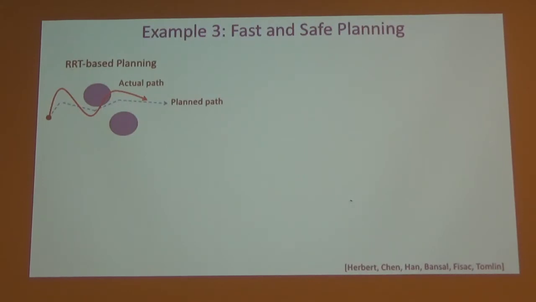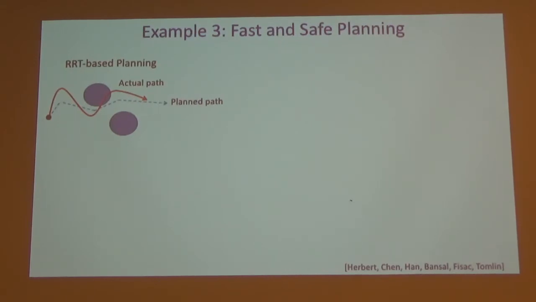RRT, rapidly exploring random trees, which can plan these paths in real time. But the problem with RRT is that the planned path may not be dynamically feasible and/or even robust. What this means is that when you execute this path on the real system, it might actually lead to a collision with the obstacles, for example.